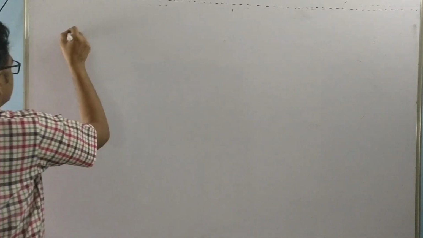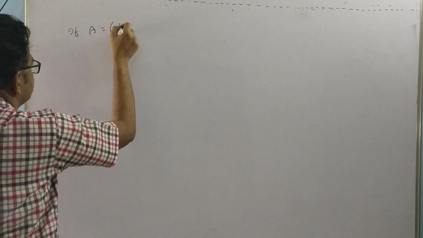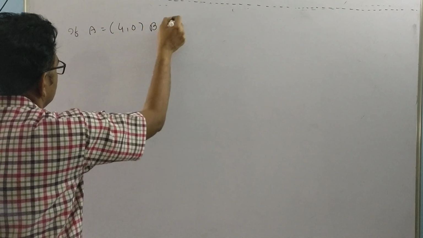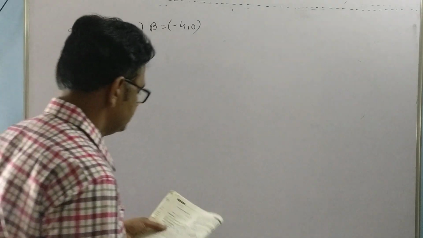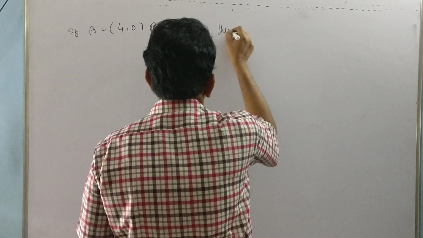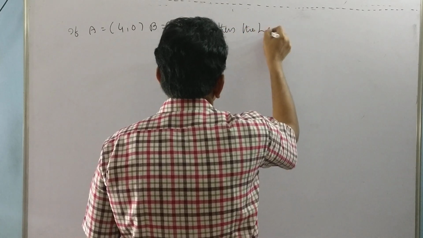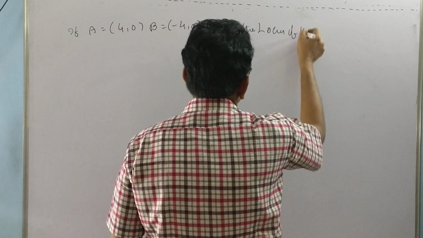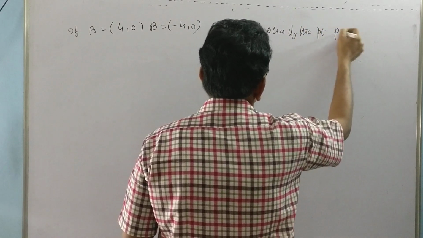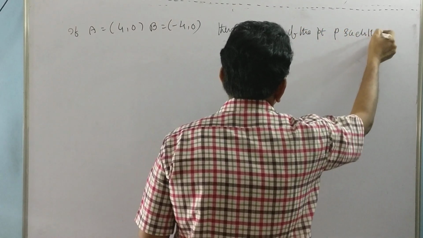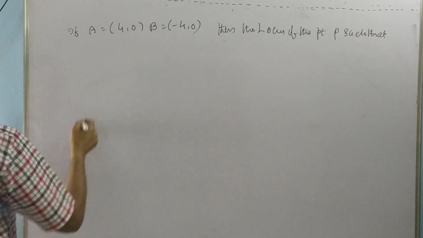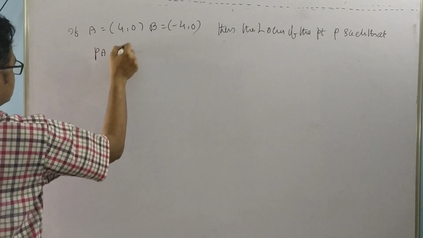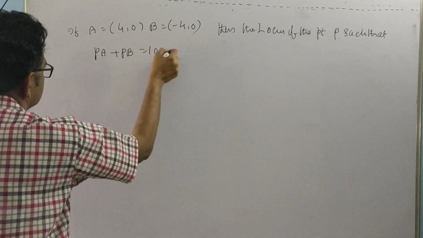Now one example. If A is 4 comma 0 and B is minus 4 comma 0, then the locus of the point P such that PA plus PB is equal to 10 is.